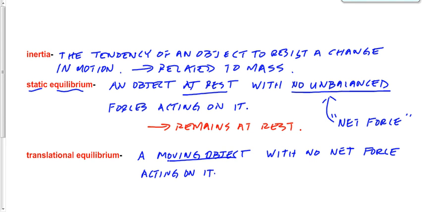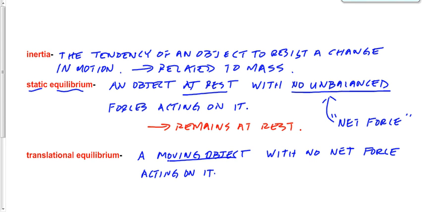Doesn't mean there's no forces. When I'm driving my car down the highway at 100 kilometers per hour, the net force is 0. But there's a wind acting on it. There's an air resistance acting on it. There's an applied force acting on it. I'm going at a constant speed because the forces all balance.